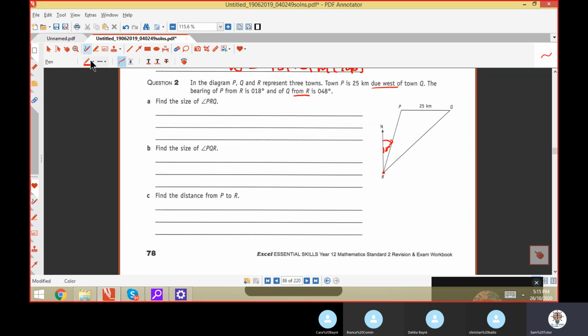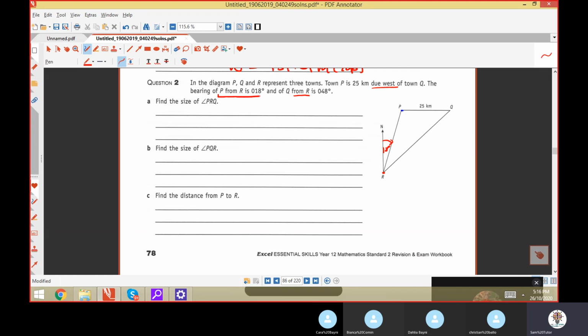This angle here in blue, because it says the town of P from R. So you're looking at P from R, it's 18. I should have color coded this properly. I should have done that in red. So just focus here. We'll do this question together, okay?